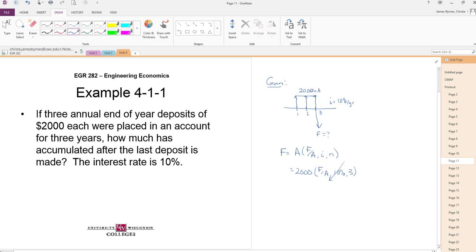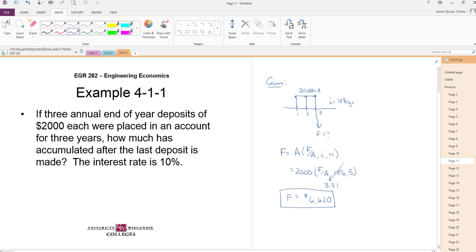I go into the back of the book. I get to 10%. I look in the F given A column. I find that it's 3.31. My deposits are worth $6,620 after I make my 3rd installment. There we go.